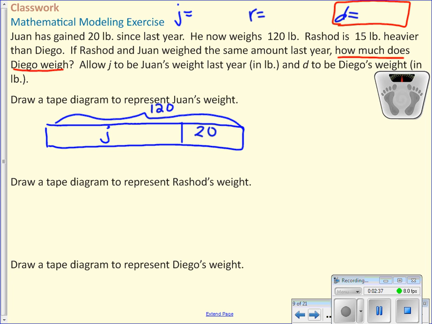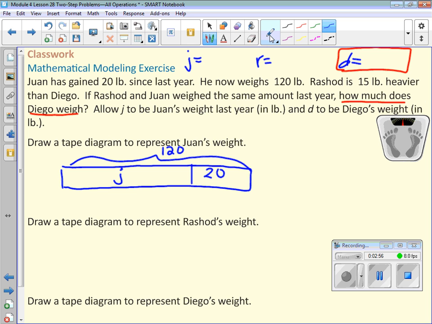All right, who has a question on how I drew that tape diagram? So Juan's weight last year, he added 20 pounds this year and is now 120. So he's a total of 120. So far, so good?